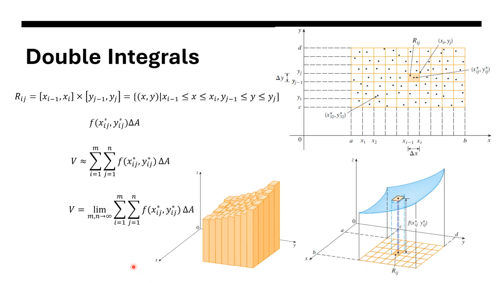So this becomes better if our m and n become larger, meaning we have many subrectangles.